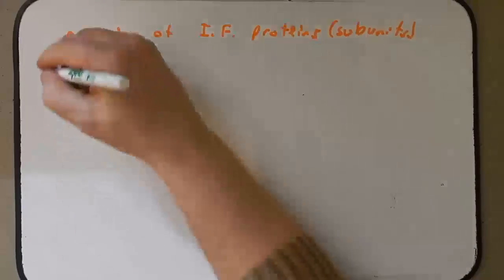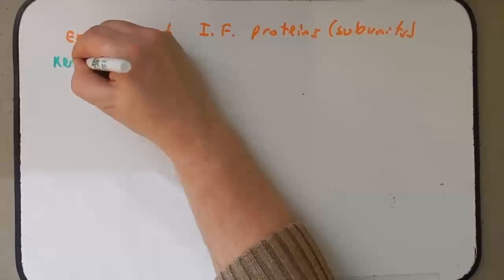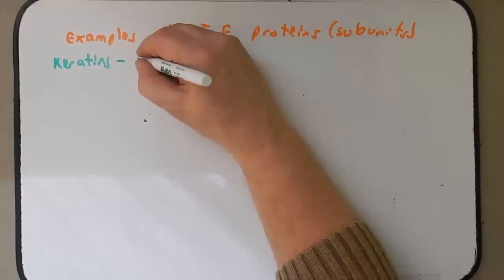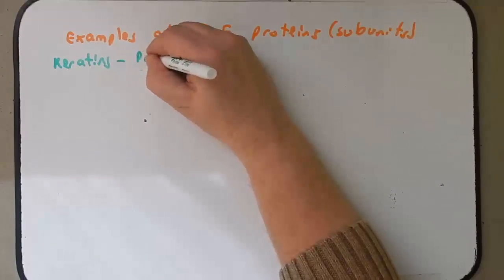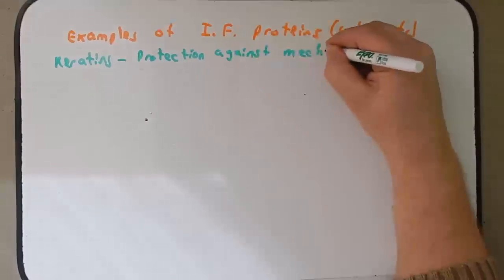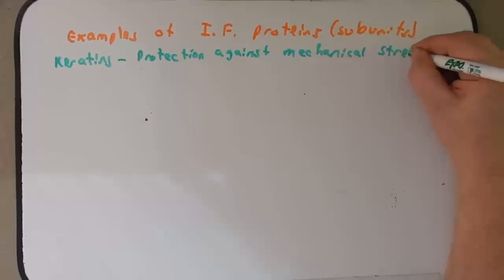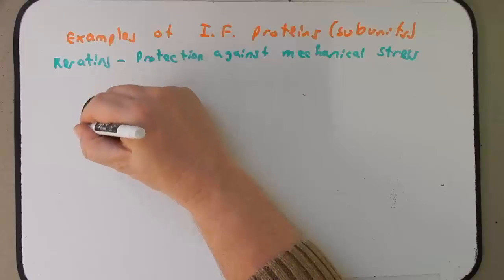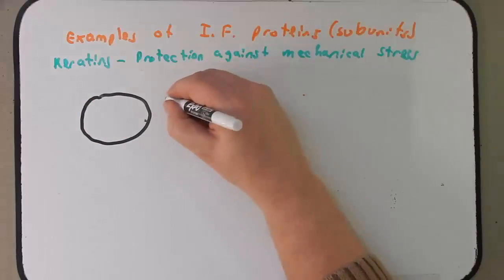So I want to talk just a little bit more about keratins. Now, what keratins do is they provide protection against mechanical stress. And briefly, how they do that is that they help stabilize neighboring cells.